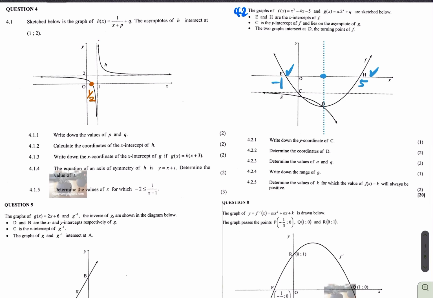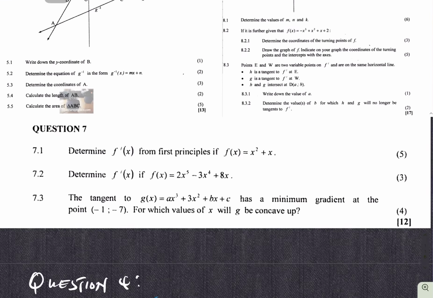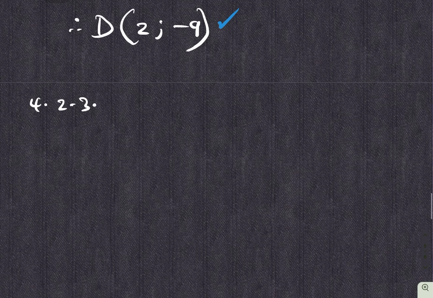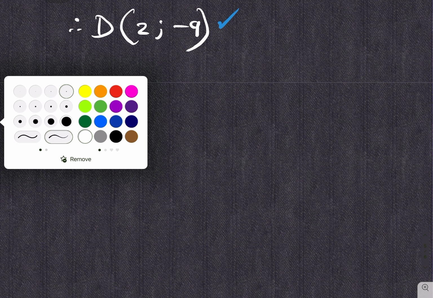All right, so we want to find the value of q. Q is the asymptote, and this graph is not touching the y-intercept of f, and that is negative 5. So q is negative 5 there. That is that horizontal asymptote. It's 3 marks.